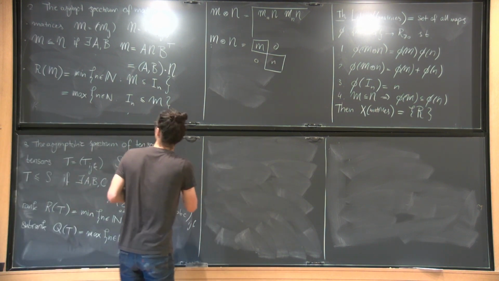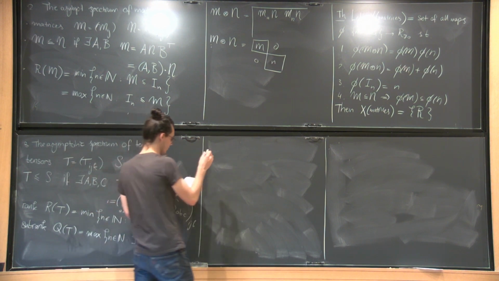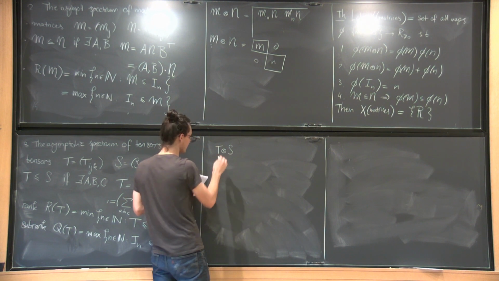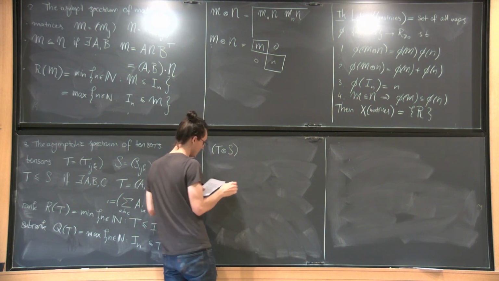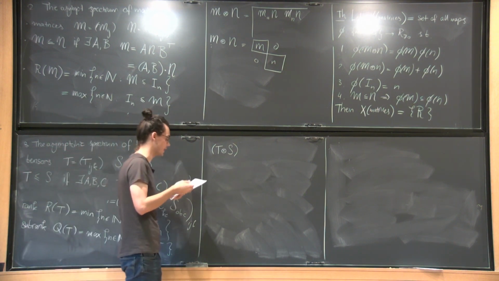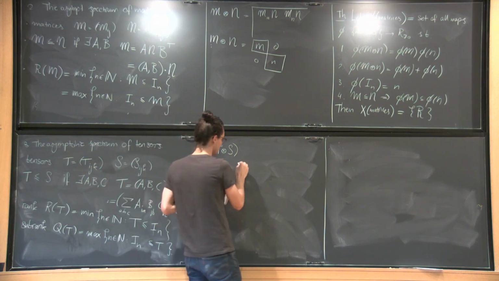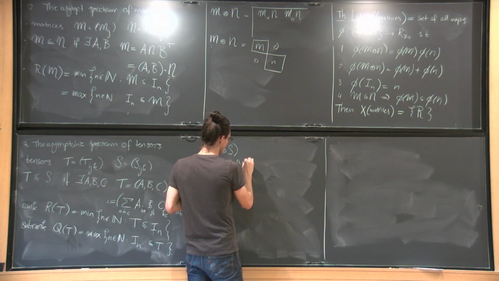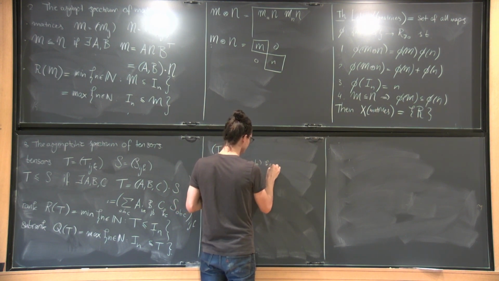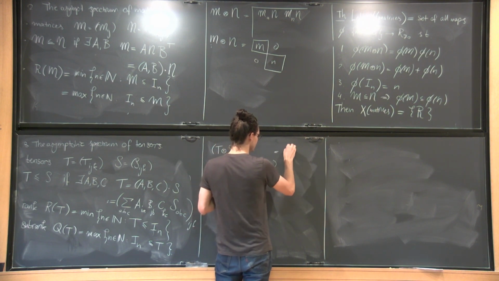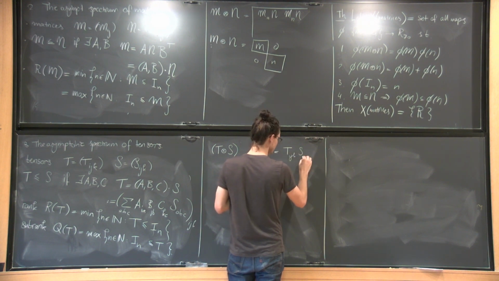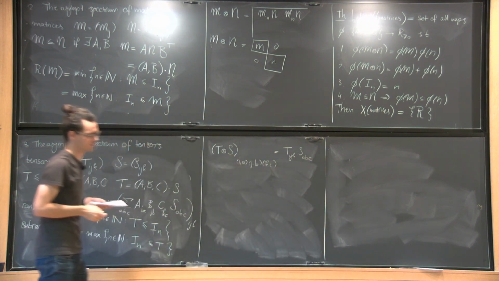Now I want to define a product and a sum, as we did before. The Kronecker product for tensors, T tensor S, is defined as follows. So you have two order 3 tensors. You tensor them together and it again becomes an order 3 tensor, but now it's labeled by triples of pairs. So if I look at the coordinate IA, JB, KC, I just see the product of the ijkth entry of T and the ABCth entry of S. That's the definition.